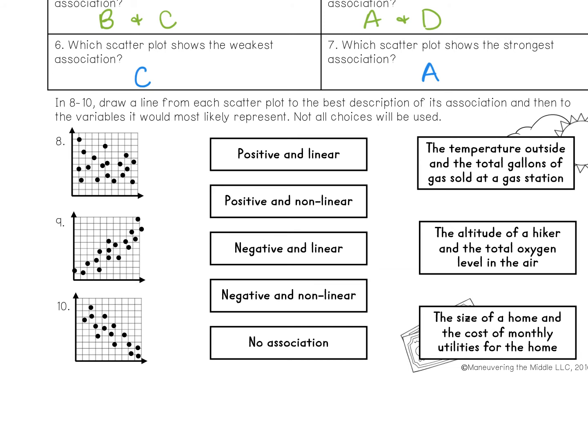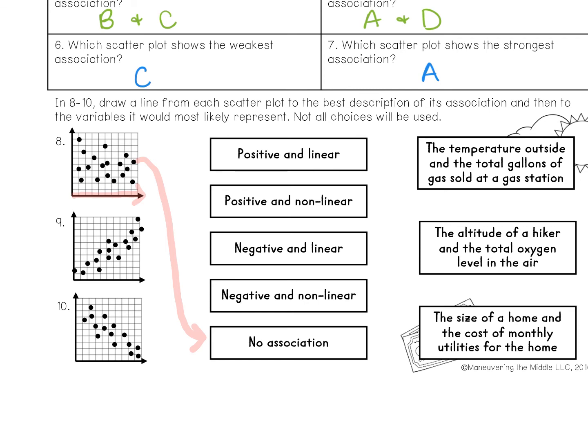Now we're going to look at some scatter plots and do a little bit of matching. So if I look at the scatter plot in number 8, I cannot draw a line through that data that explains the trend. As X goes up, sometimes Y goes up, but sometimes it also goes down, right? So that's no association. And if it has no association, it can't be linear or nonlinear.